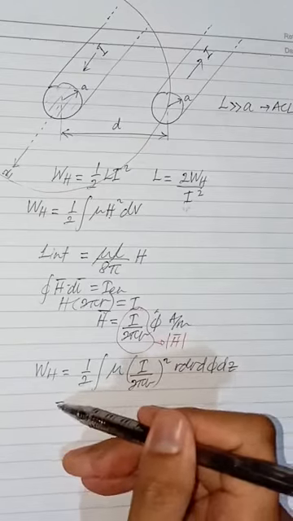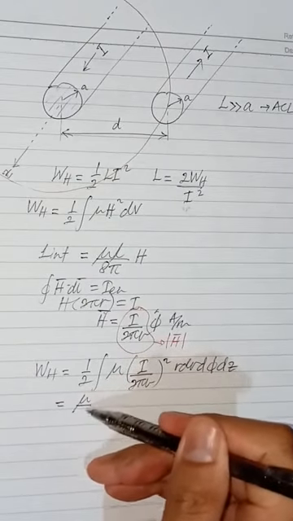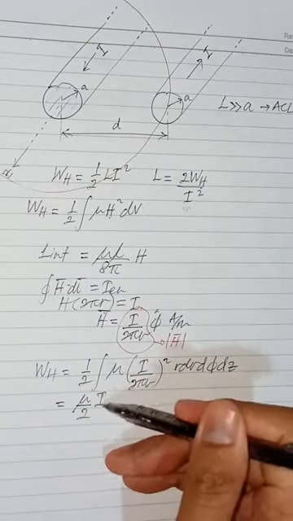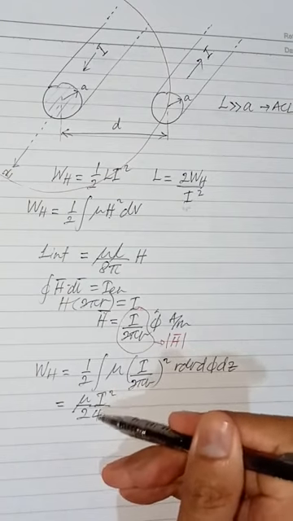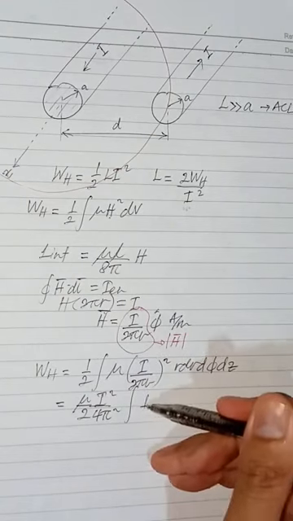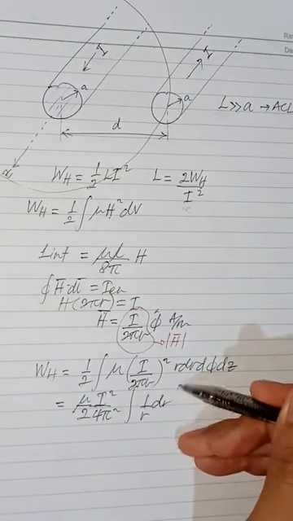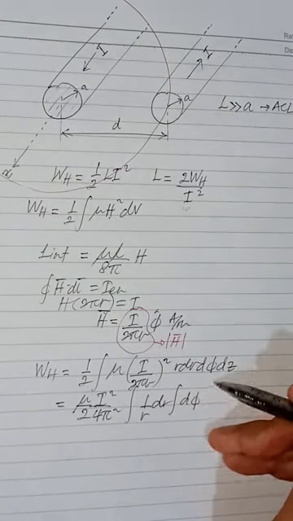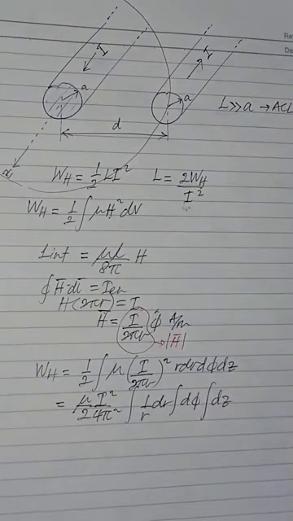Let's expand the equation. Now you have mu over 2 times I squared over 4 pi squared, then 1 over r dr dphi dz.